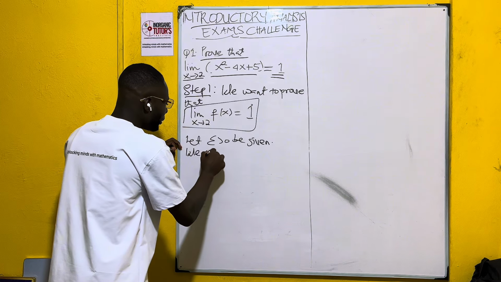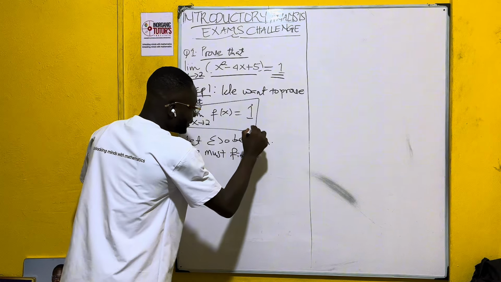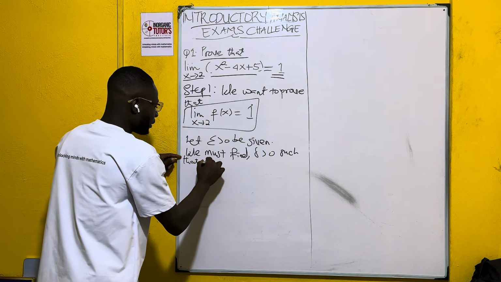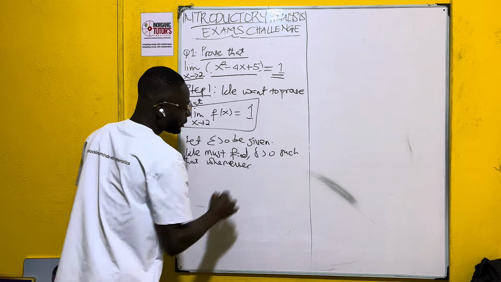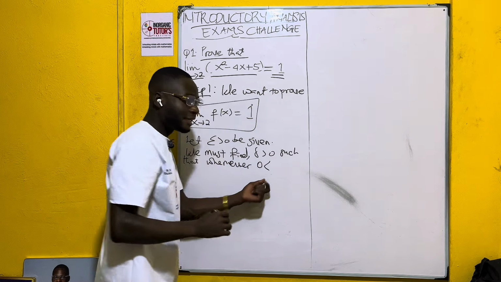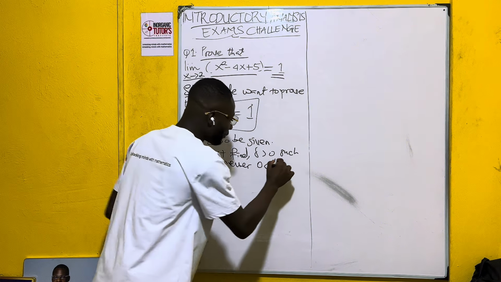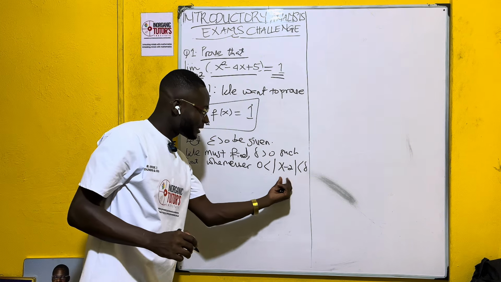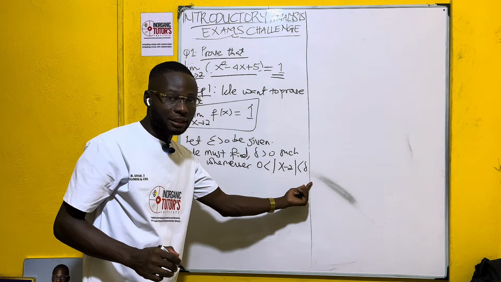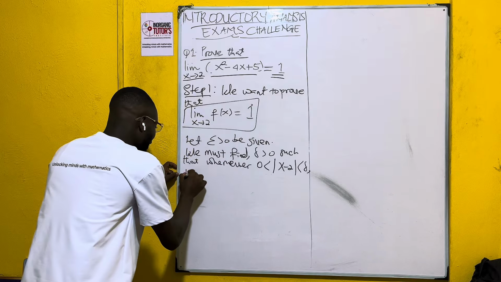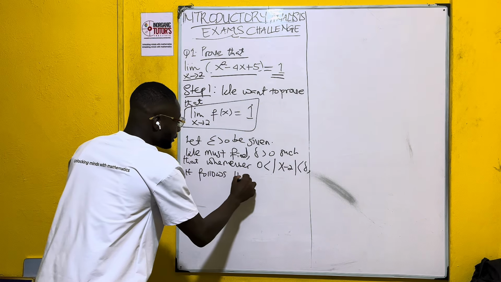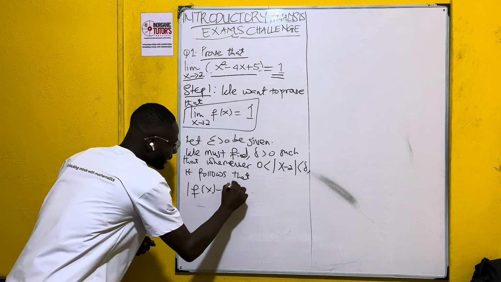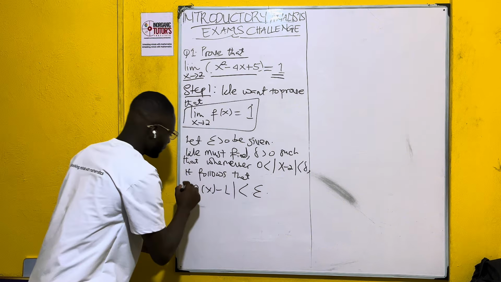So we must find delta that is also greater than 0, such that whenever we have 0 less than the absolute value of x minus 2 less than delta, then it follows that the absolute value of the function minus the limit must be less than epsilon, right?